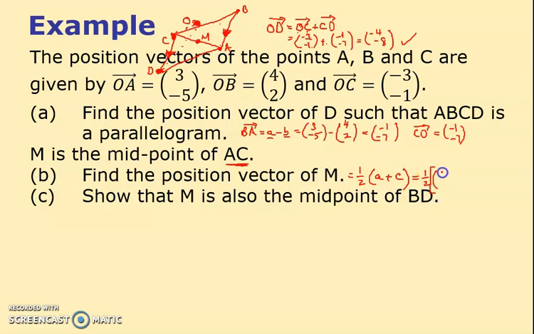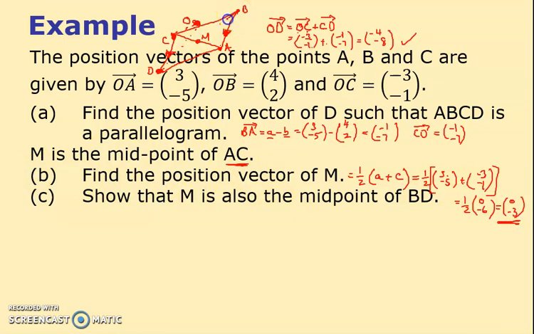A was (3, -5), plus C was (-3, -1). Which sounds like a half of 3 plus -3 is 0. -5 plus -1 is -6. And I reckon, therefore, it's (0, -3). That's my position vector.